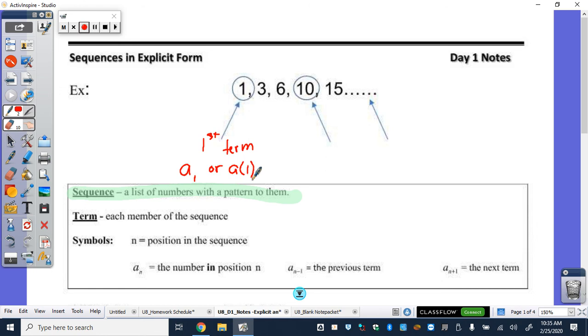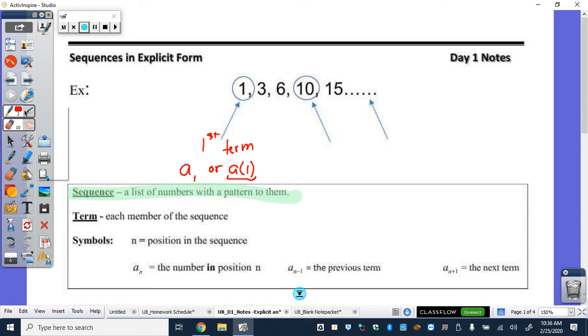We can write a sub 1, and that 1 is a little 1, just like back when we had our logs, our bases were those little numbers. So a sub 1 represents our first term, or it can be written in a function notation style, which would be a of 1. They use both of those interchangeably. There's really no rhyme or reason as to why they use those 2 notations.